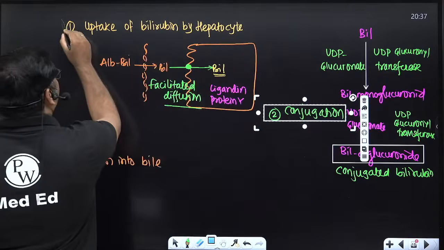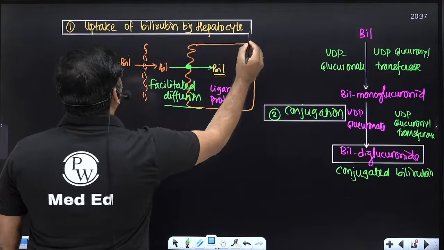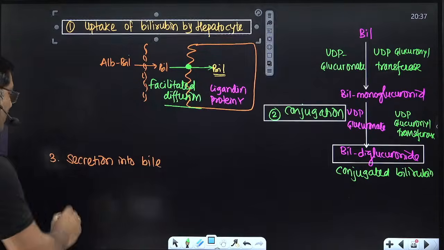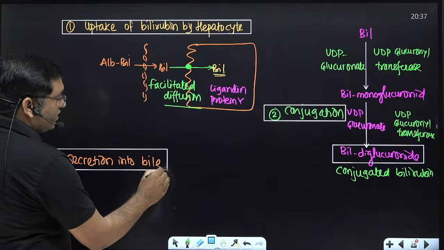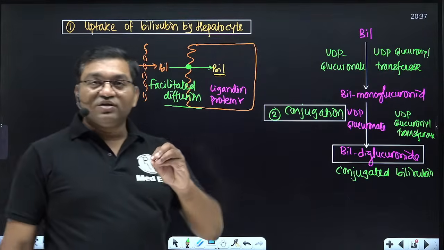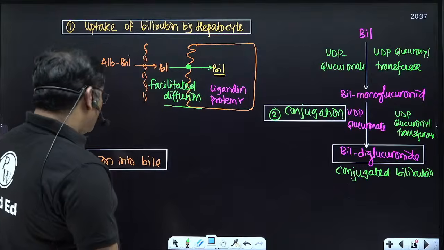First is the uptake by the hepatocyte, second is the conjugation, and third is the secretion into the bile. This third step is the rate limiting step in bilirubin metabolism, secretion into bile.